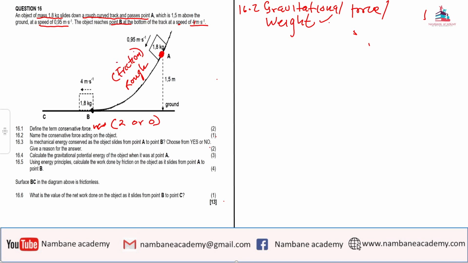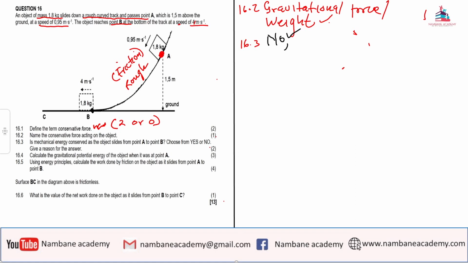And once we have friction, it basically says the mechanical energy is not conserved. So we can easily go to 16.3. Let me use black to say fine. No, it is not. And then that is a mark.